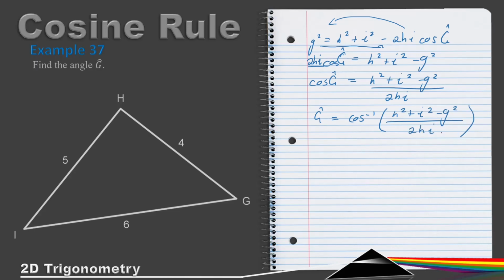Okay, now we can just substitute the known values. So we'll have 6 squared plus 4 squared minus 5 squared, all over 2 times H, which is 6, times I, which is 4.